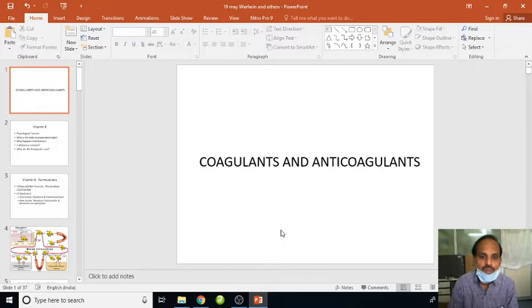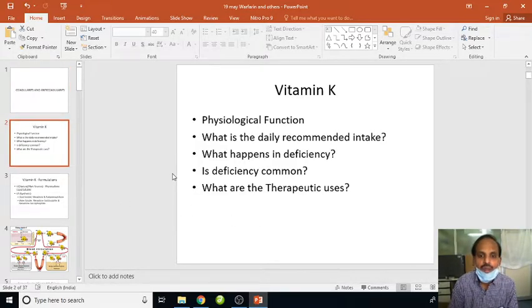So first, the simple, basic, elementary thing is to try and understand something about vitamin K. All of you have studied vitamin K at different levels in school and college, and also in first year physiology and biochemistry, and everyone instantly connects vitamin K with coagulation.